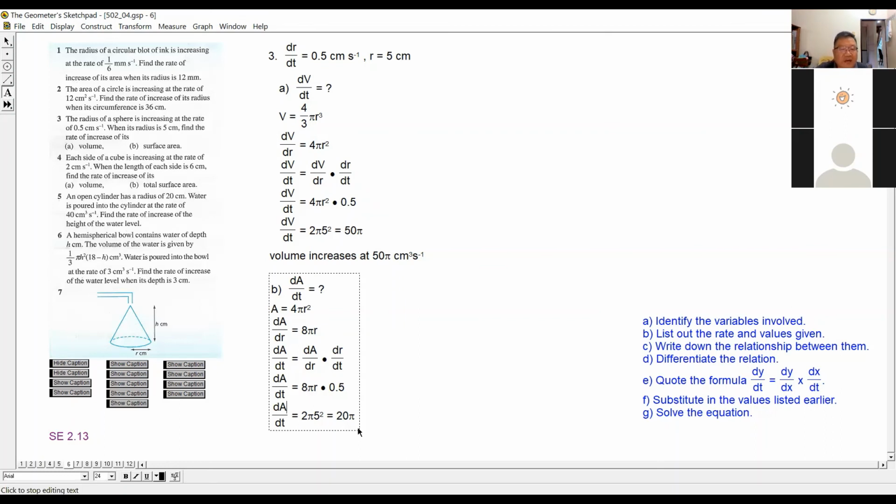The rate of change of area is how much? 20 pi. The rate of change of area is 20 pi. Increasing or decreasing? When the radius is increasing, increasing. So the unit is 20 pi centimeter per second. Centimeter square.